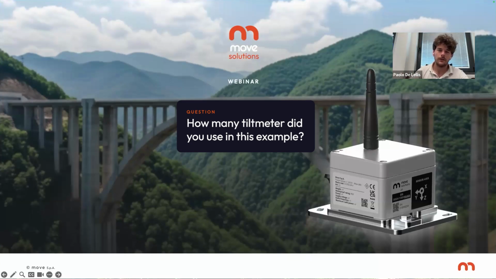If you have, for example, a vertical structure like a building, and you want to understand the stability of the building, depending on the height of the structure, we recommend to use more points, more tilts in the same section.